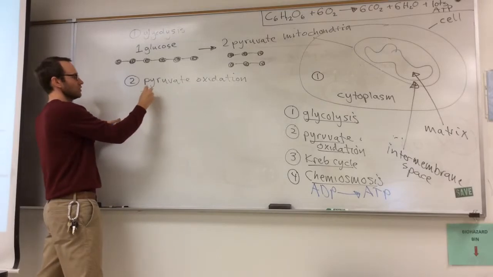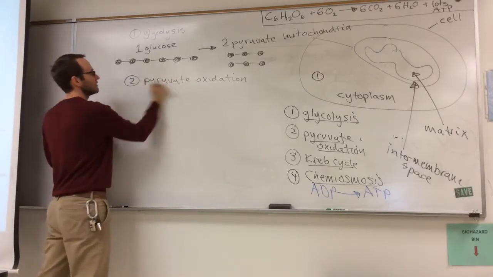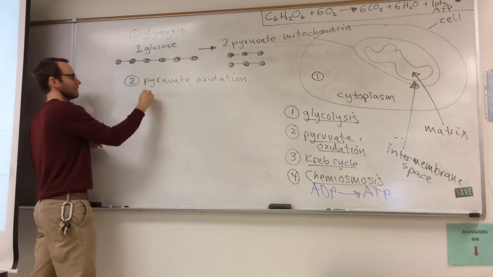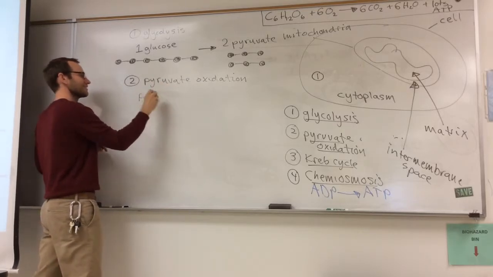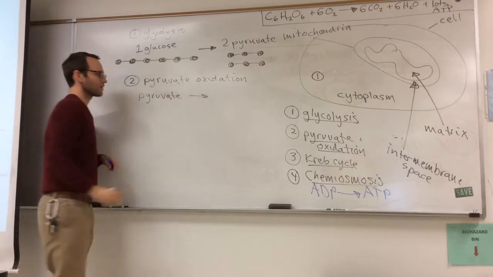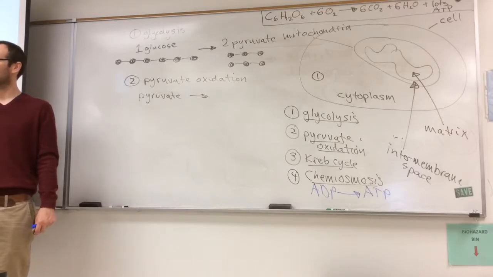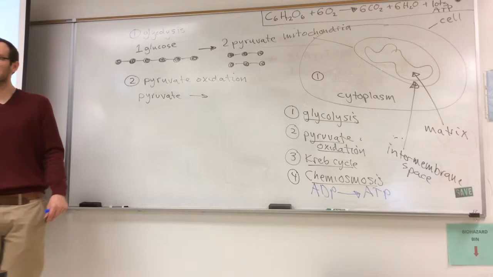We've got our 2 pyruvates. We chip off a carbon from each, and we generate these molecules that are called, anybody know? I wouldn't expect you to. Starts with an A. Acetyl-CoA.